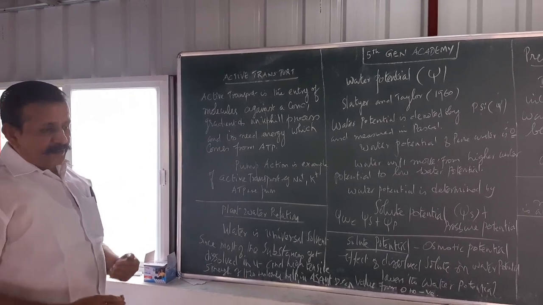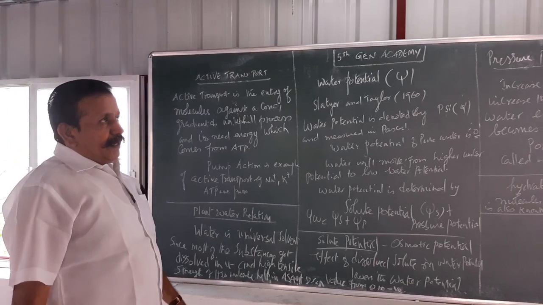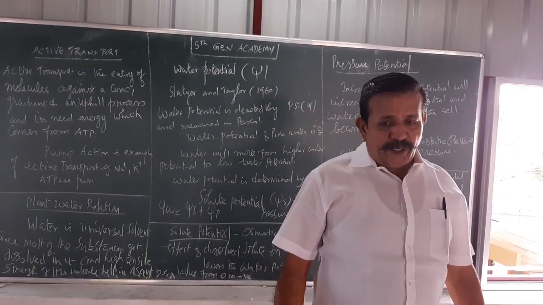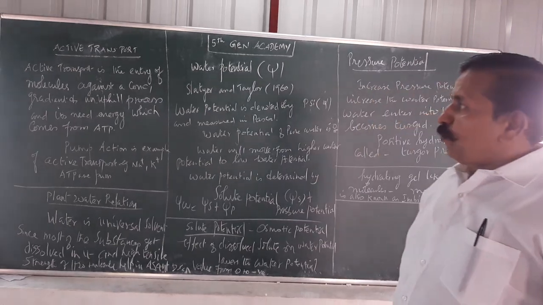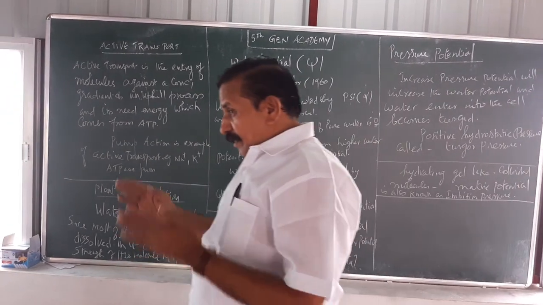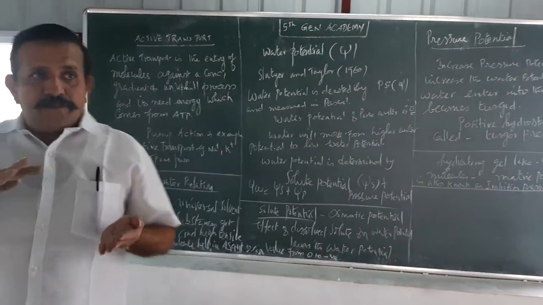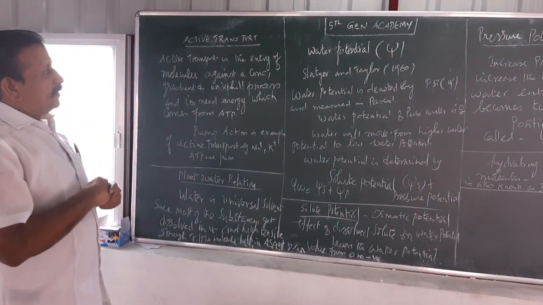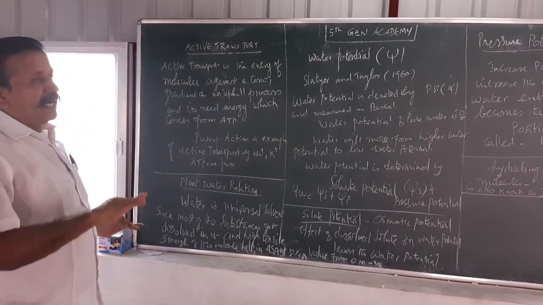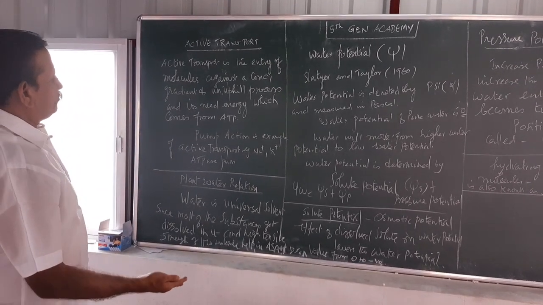It has a lot of processes. On that basis, today we are going to see about active transport. Already we classified transport into two types: one is passive transport, another is active transport.